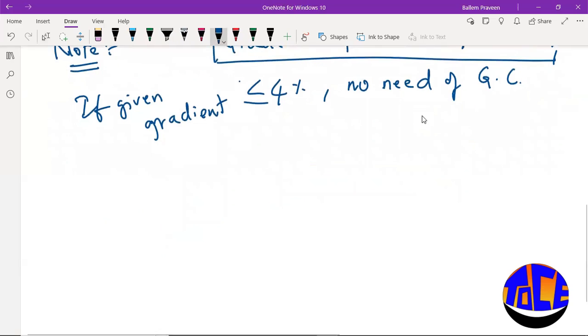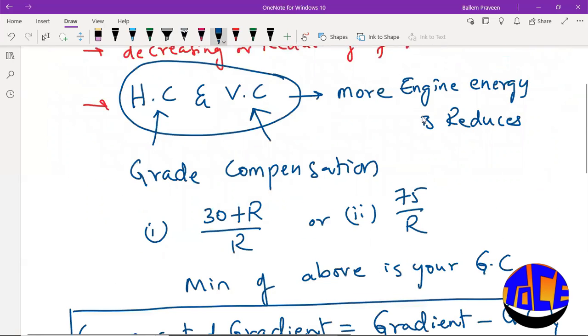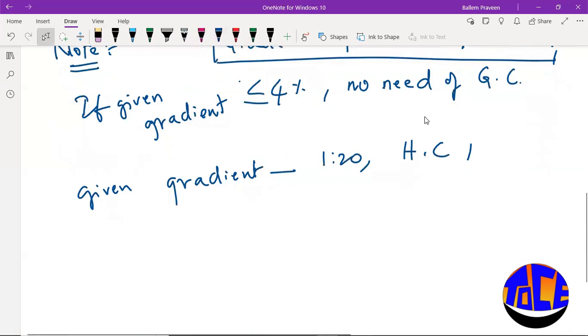Suppose the given gradient is 1:20, and the horizontal curve radius is 40 meters. Here in the formula, R represents the radius of the horizontal curve. We need to find the compensated gradient.